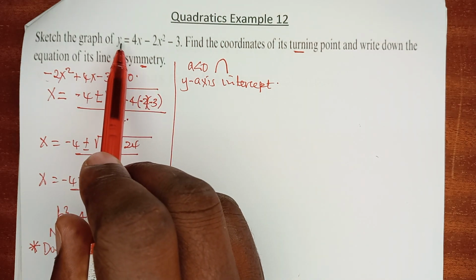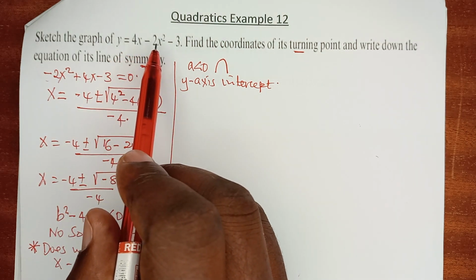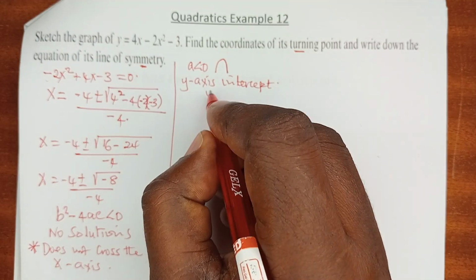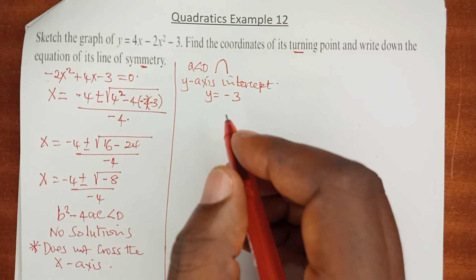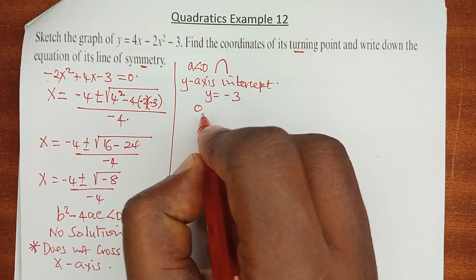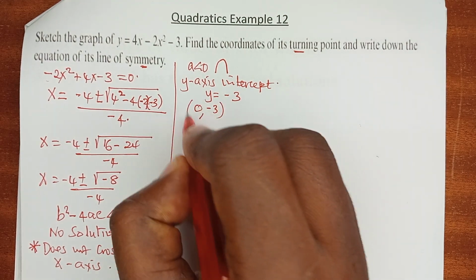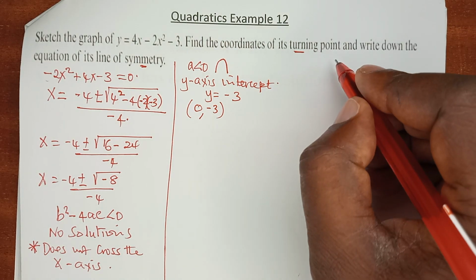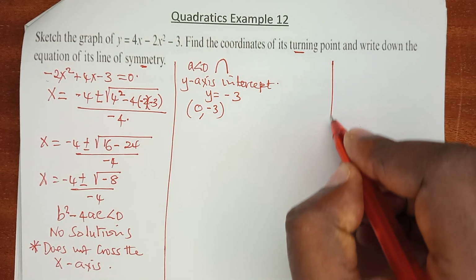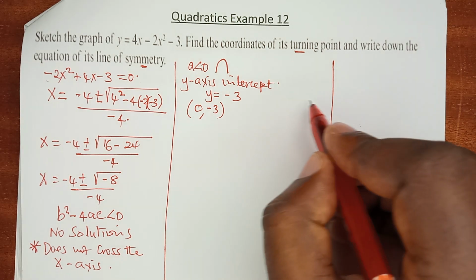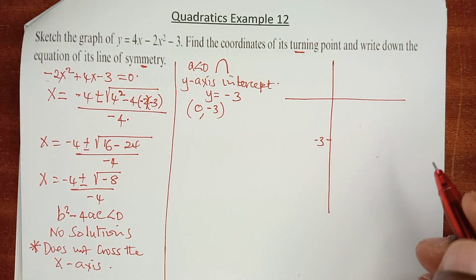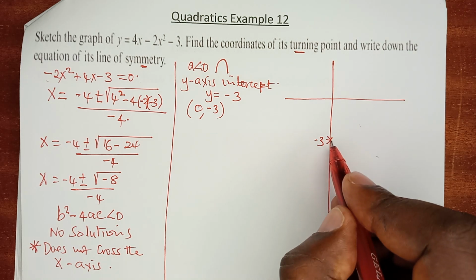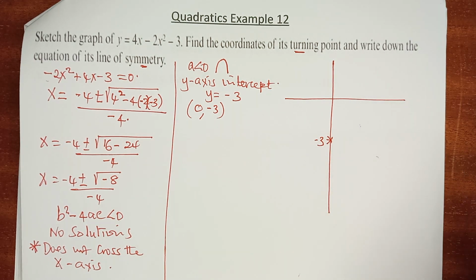You can see y equals 0 minus 0 minus 3, so y equals minus 3. It cuts the y-axis at the point (0, minus 3). Even when sketching this curve, we should be able to know this is negative 3. That is one point, the y-axis intercept.